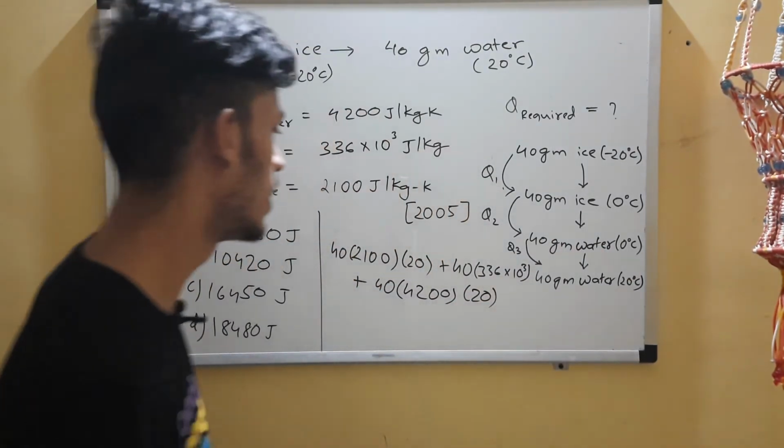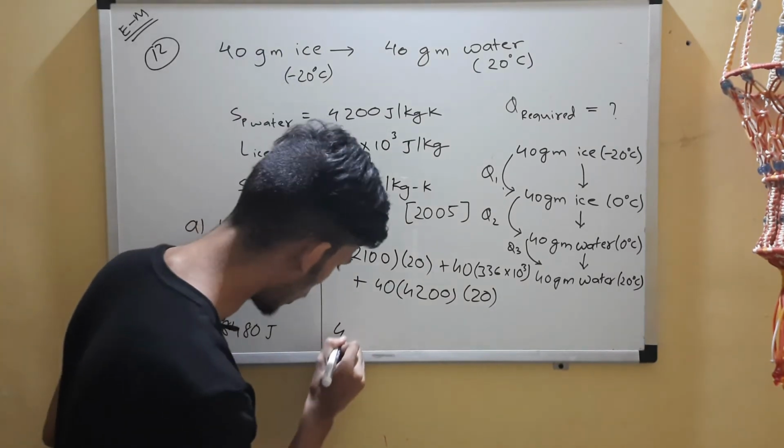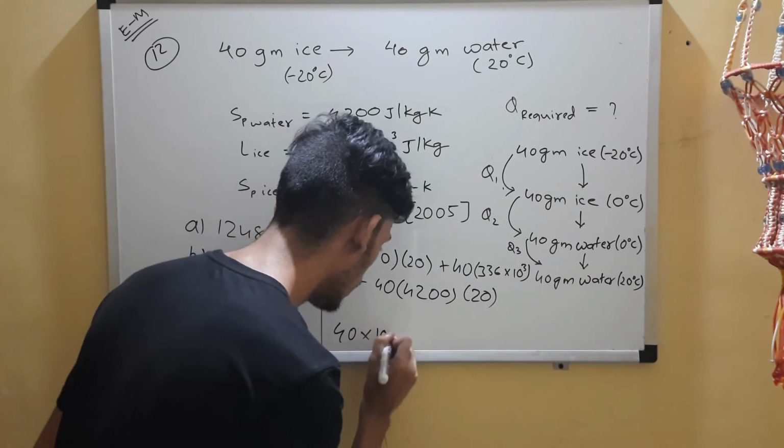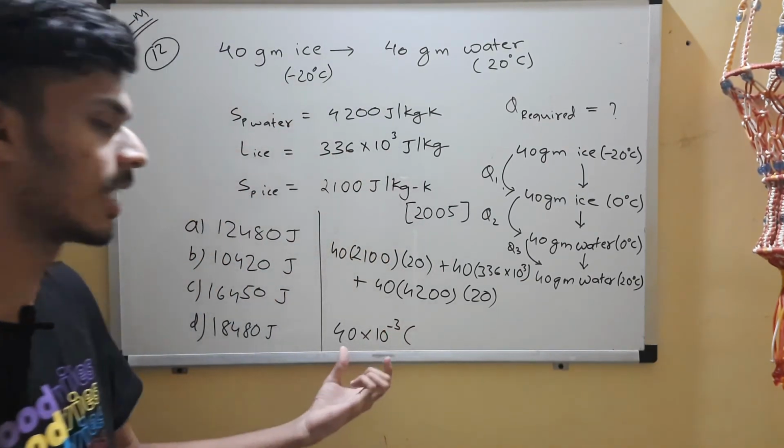So we have to solve this. I'll take that 40 common. Since it was grams, I'll multiply it by 10 to the power minus 3 to make it kgs.